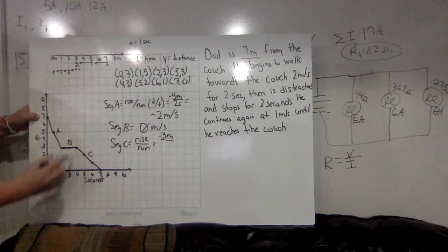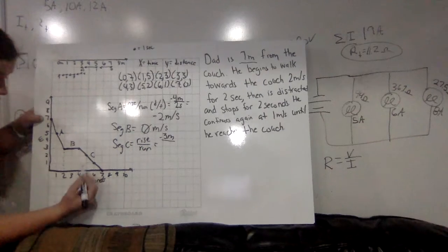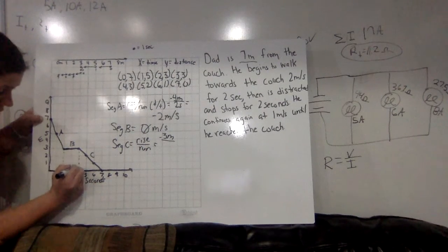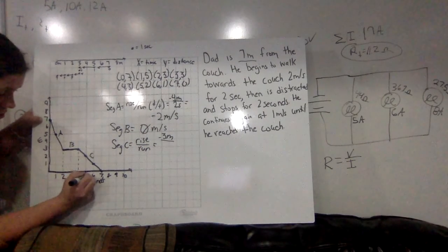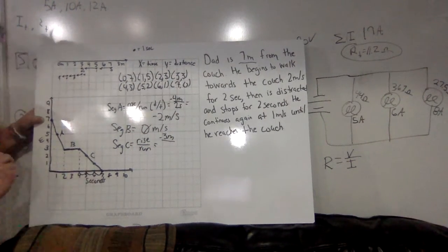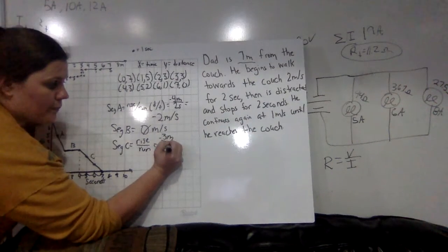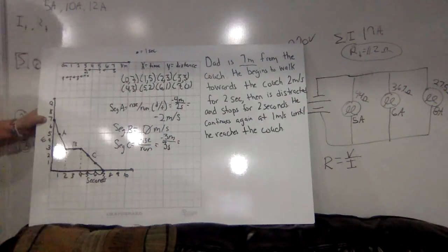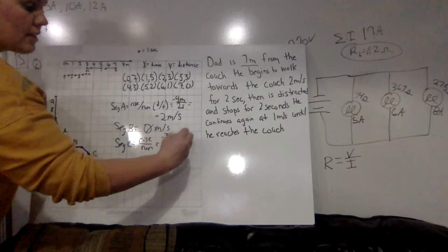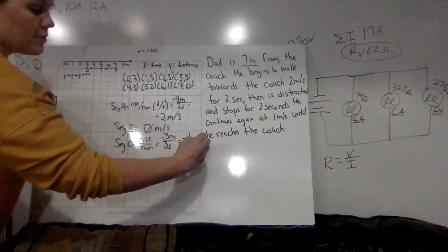And that happens over how many seconds? That's our run. So I come right here. Here's 1 second, 2 seconds, 3 seconds. So negative 3 divided by 3 gives us negative 1 meter per second.